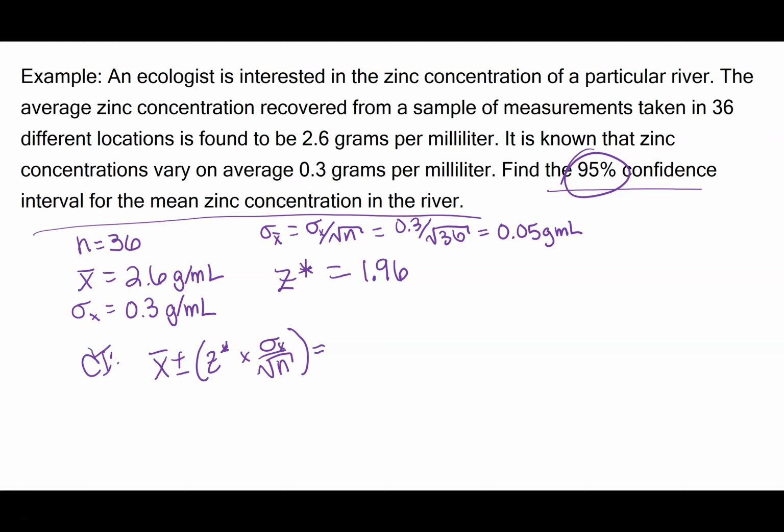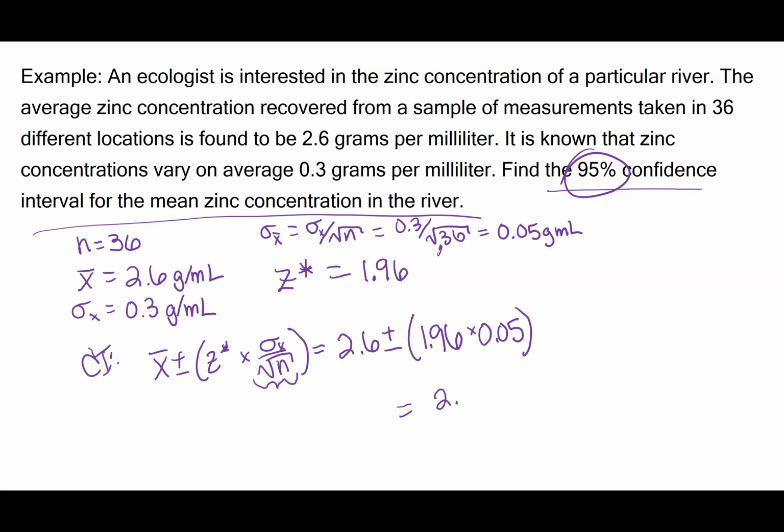So x bar was 2.6 plus or minus 1.96. This part right here, if I just plug in that, it's times 0.05. Feel free to plug in the 0.3 over square root of 36. That's okay too. I end up getting something like, plug this into a calculator.